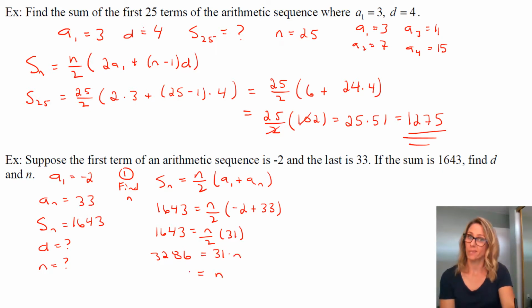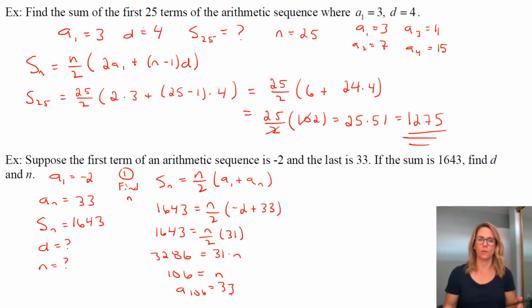And n, which does need to be a whole number, it's a subset of the natural numbers, is 106. So now we know n is 106. So we know that it's the 106th term that is in fact 33. So the last term is the 106th term.